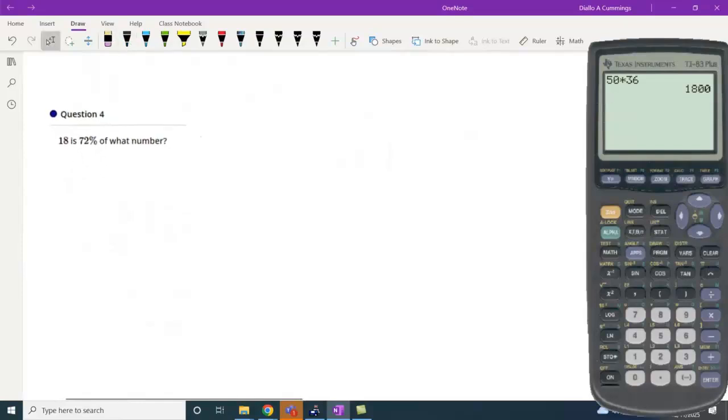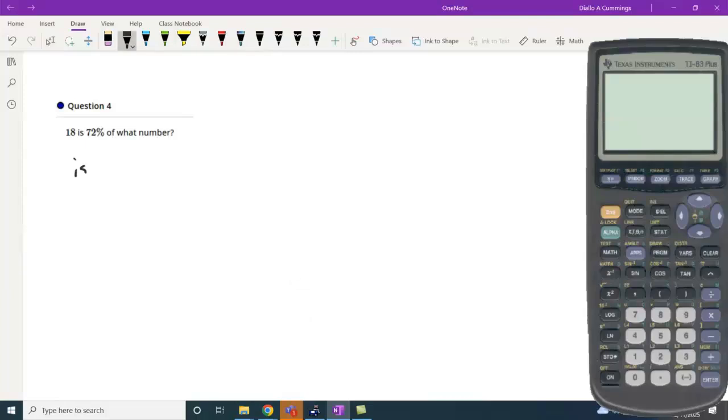All right, so let's take a look at the last one of these type problems. So it says 18 is 72% of what number? I'm going to write out that percent equation.